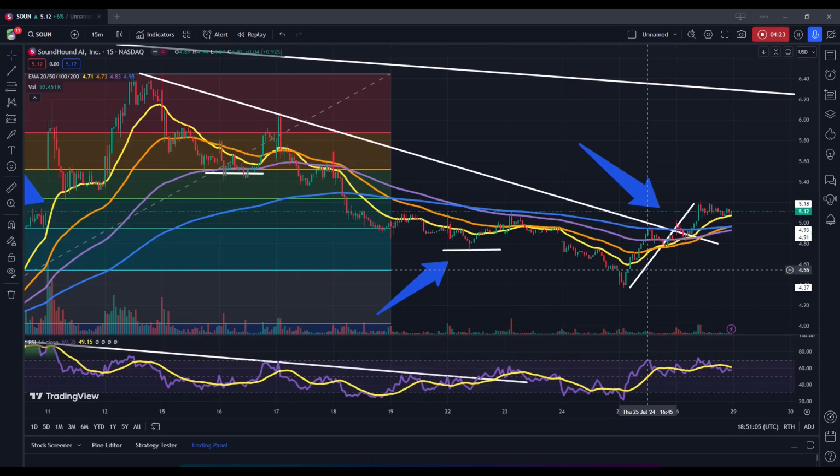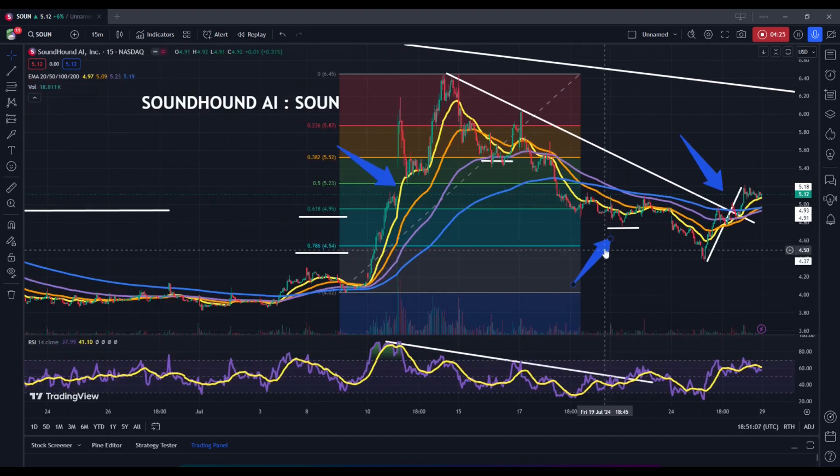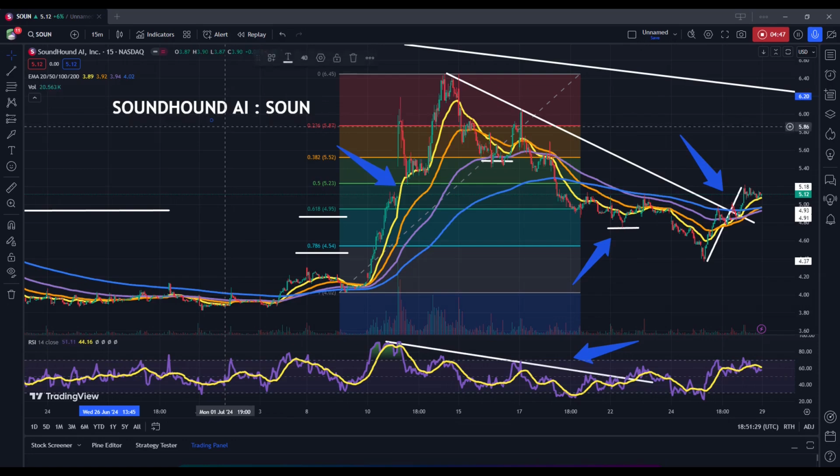This is not something that should just be ignored, even though we did fall through both the 618 retracement and the 78.6% Fibonacci retracement. This does start to suggest that we could be in store for a more broad reversal in this stock. And when we look at the indicator reading as well, we're starting to see similar types of evidence emerge.